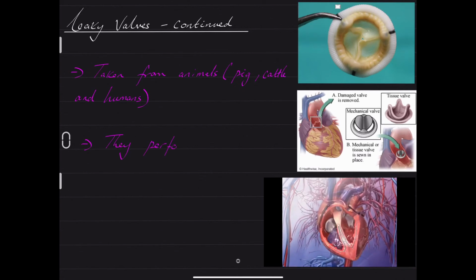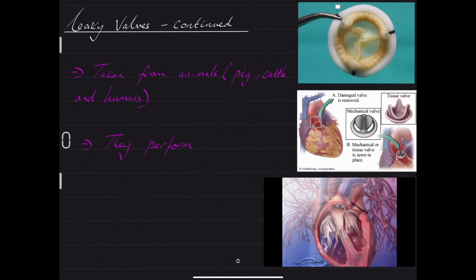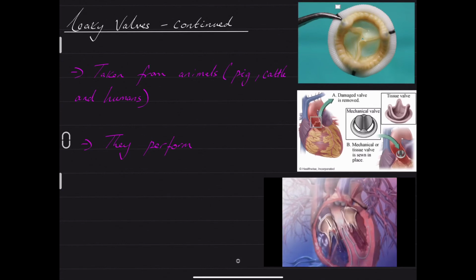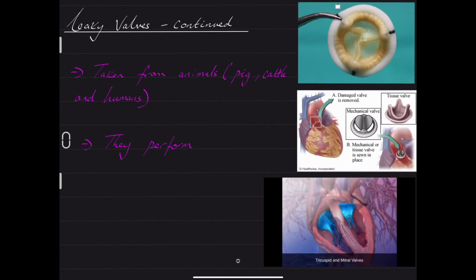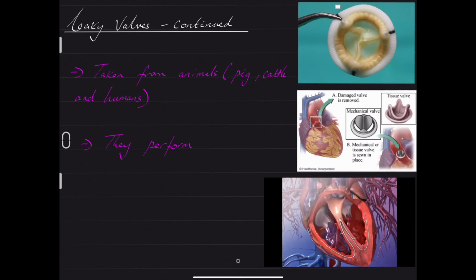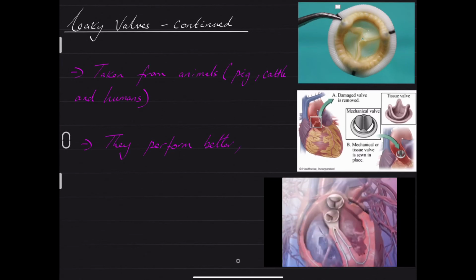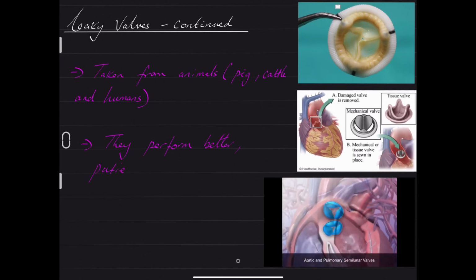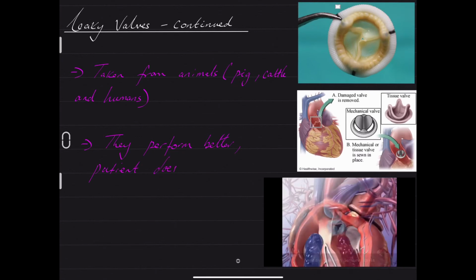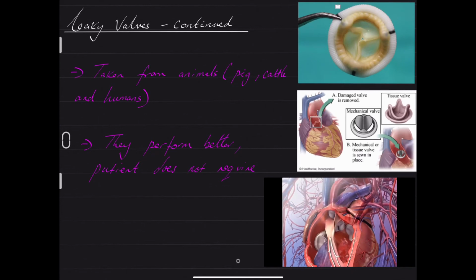So let's say they perform better than mechanical valves because you do not need to be on medication for the rest of your life. So they perform better. Okay, patient does not need to be on medication, does not require further medication.